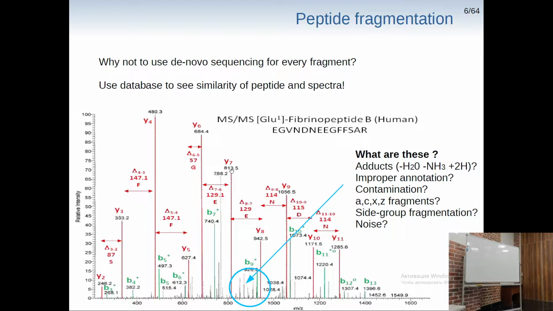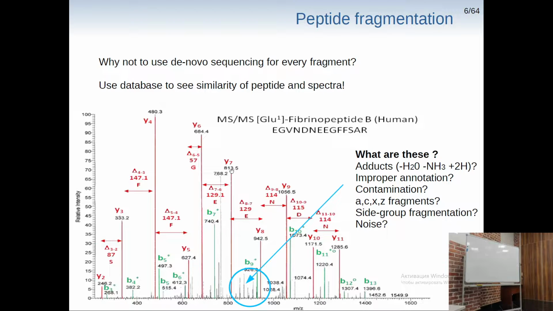I've mentioned that this is an ideal picture of something that is just used as a standard for calibration of mass spectrometry, presented in a really nice solution without any problems, and you know its sequence beforehand, because it's a standard which we use for calibration.